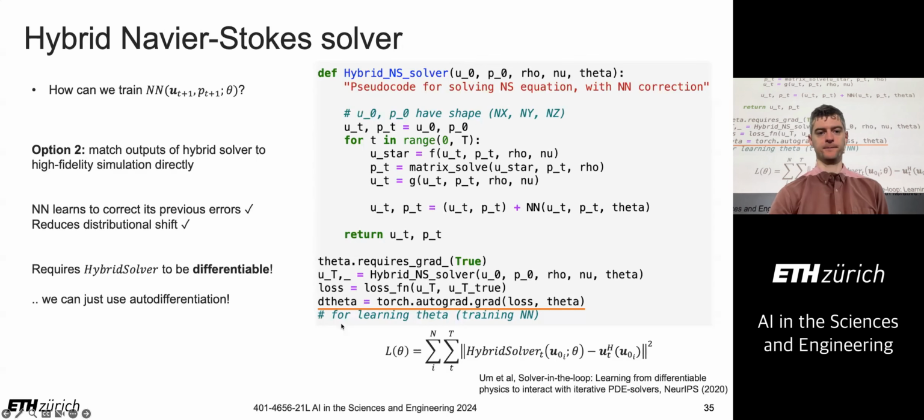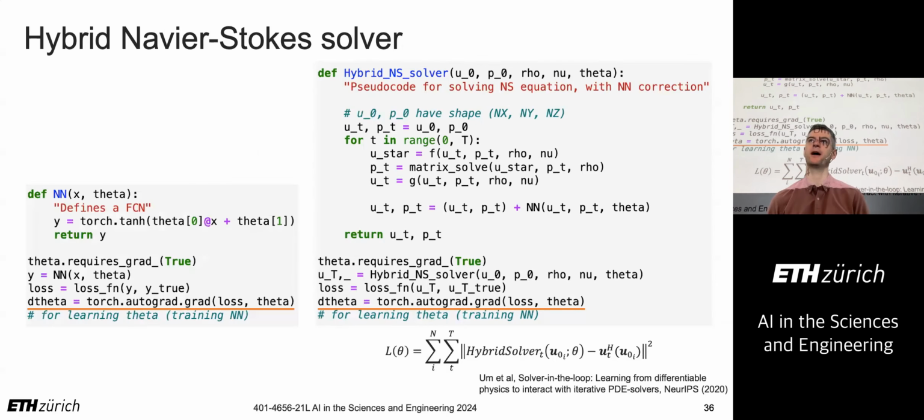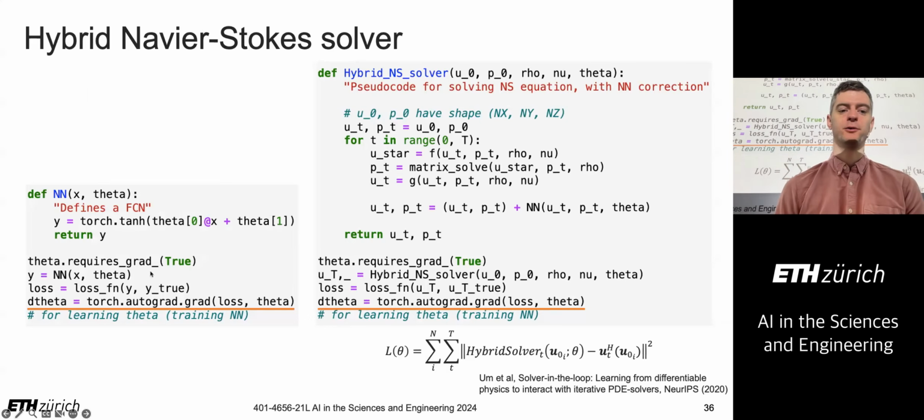So let me compare that to how we would train a neural network so you can see the analogy. This is how PyTorch would train a neural network if I just wrote it in a functional form, so it's a bit easier to compare. Your forward function is just the forward function of the neural network. So X here is the input to the network, theta are the parameters of the network. We do maybe a simpler computation than the hybrid solver. But at the end of the day, these are just two functions, right?